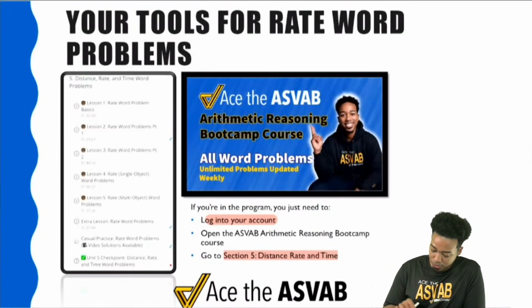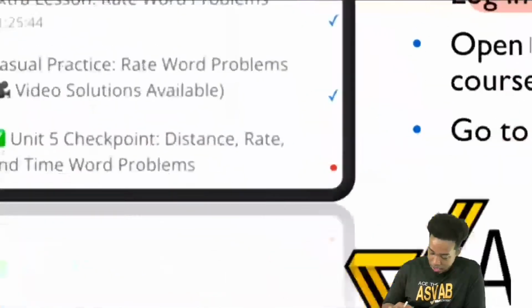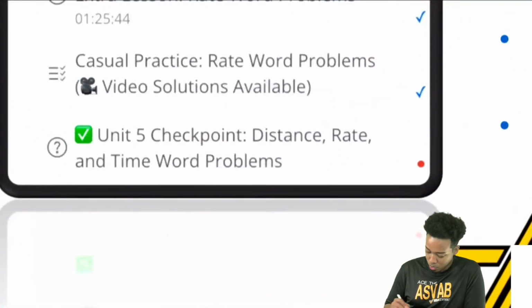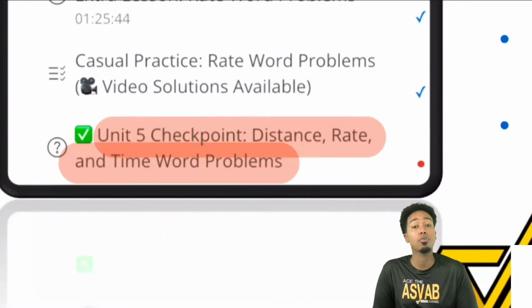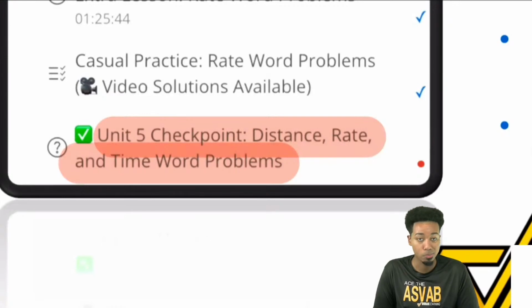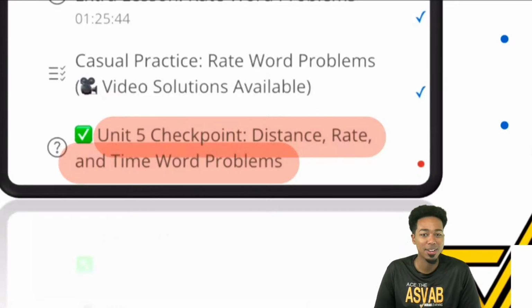But if you go to Unit 5, distance, rate, time, right here, the unit checkpoint, this is where you want to really look at, okay? This checkpoint assignment right there. You're going to have all the problem types from part 1, part 2, and part 3 all mixed in together. There's your mixed practice, okay? So really get in there and have fun with that.